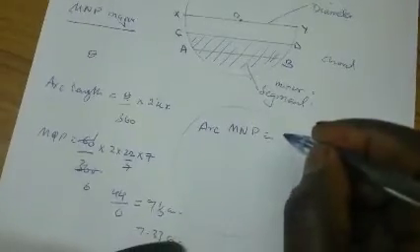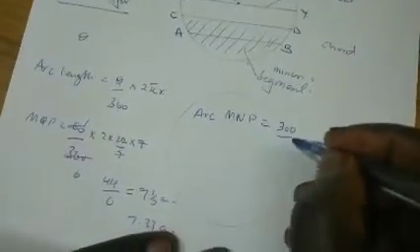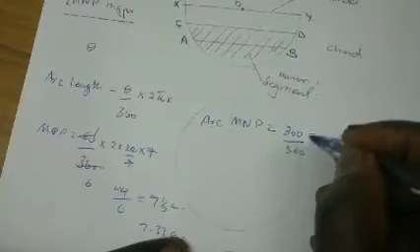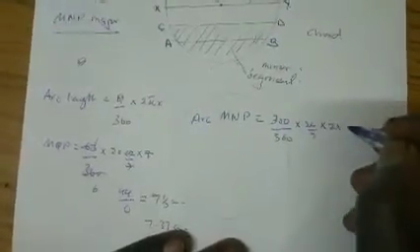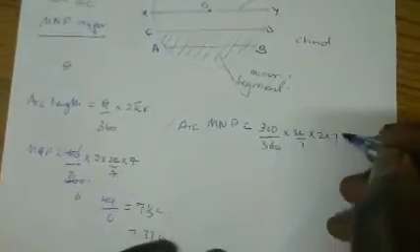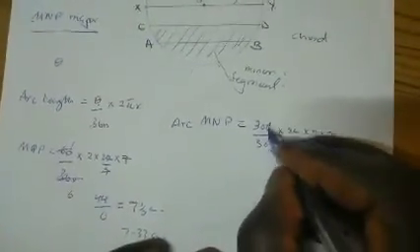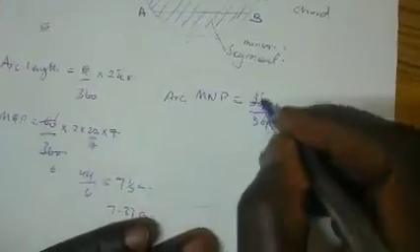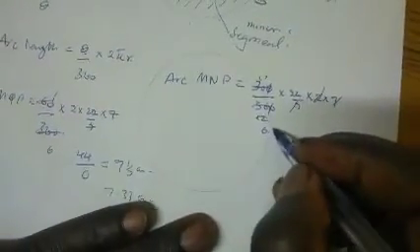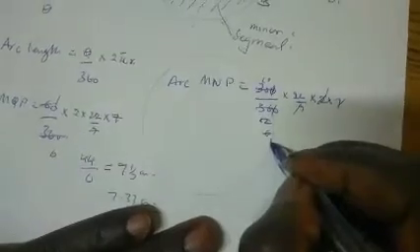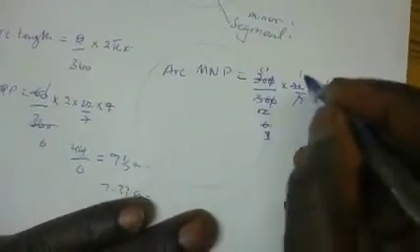MNP will be the angle subtended at the center over 360 times 22 over 7 times 2 times r, which is 7. So we have 300 over 360 simplifying, and then 22 times 2 gives 44.